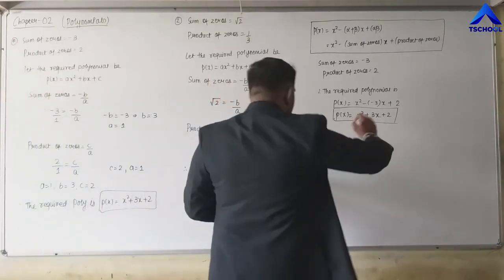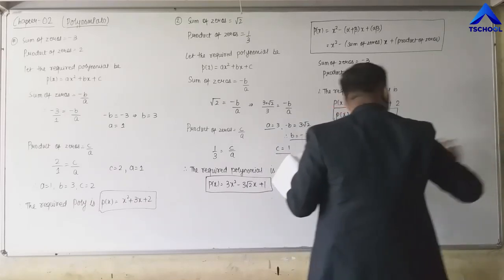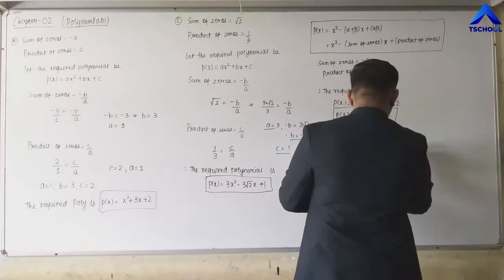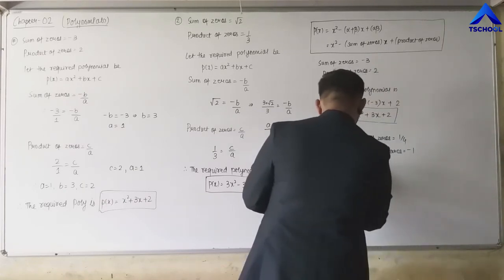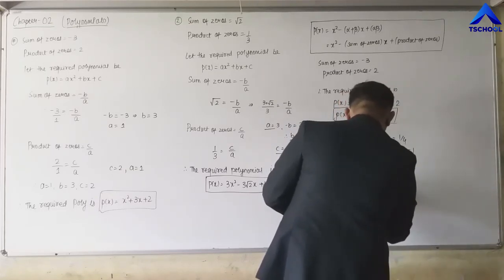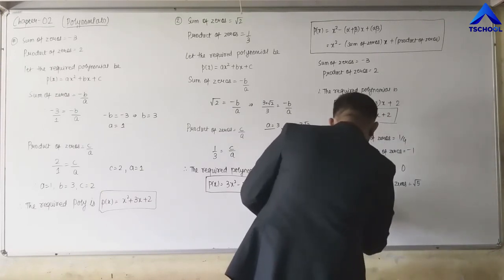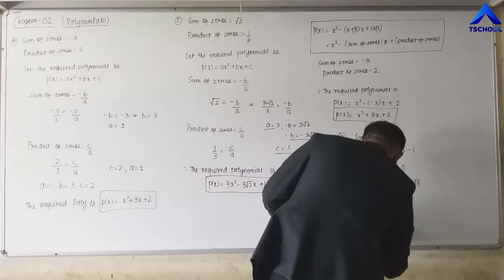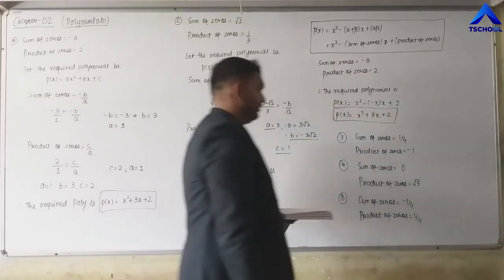Right? So let us see some of the examples I shall give you. The third one: sum of the zeros is equal to 1/4 and product of zeros is equal to minus 1. For the next one, sum of the zeros is equal to 0, and product of zeros is given. And the fifth one, I have sum of zeros equal to -1/2 and product of zeros equal to 1/2.